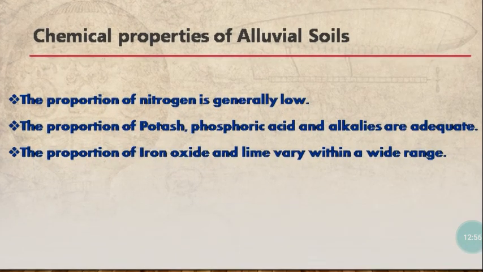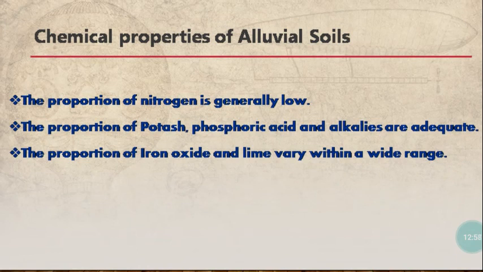Next, what are some chemical properties we can observe in alluvial soil? Which kinds of elements help to make this type of soil? Number 1, the proportion of nitrogen in the soil is generally low. Number 2, the proportion of potash, phosphoric acid and alkalis are adequate.